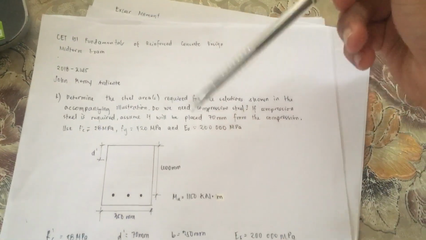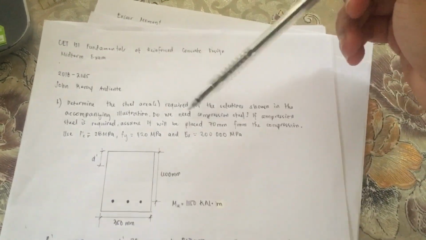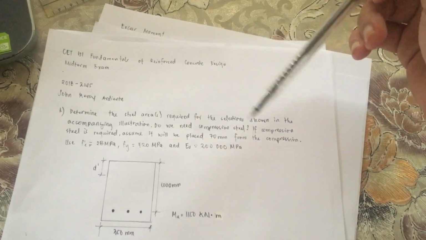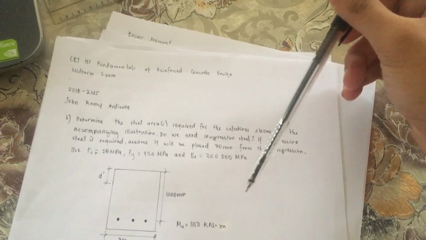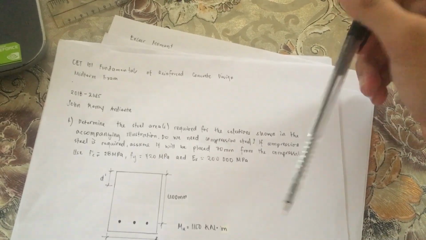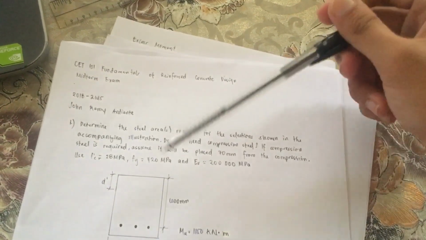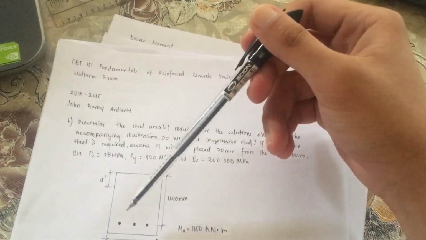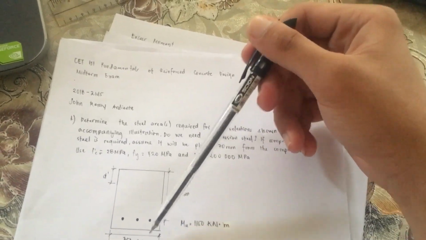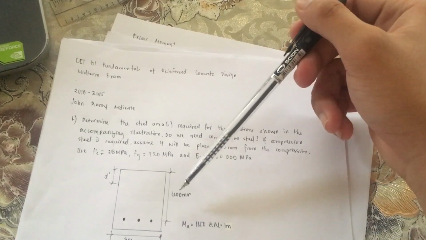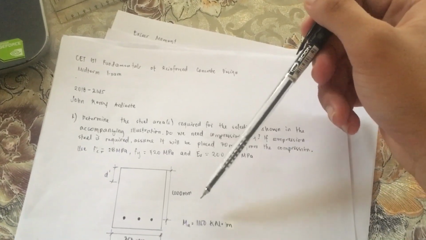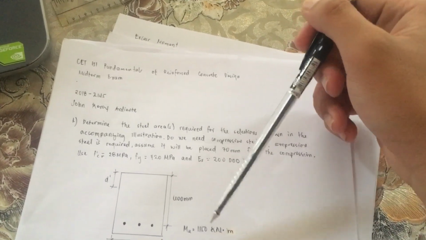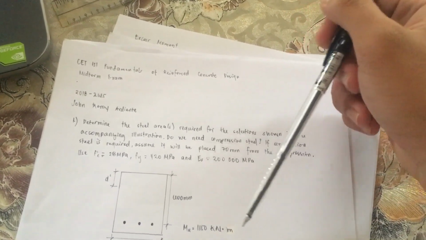So in this question, we are asked to determine the required area for this doubly reinforced concrete beam. We are given the width of the beam, which is 350 mm, and the effective depth of the beam is equal to 600 mm, and the maximum moment is 1150 kilonewton meter.